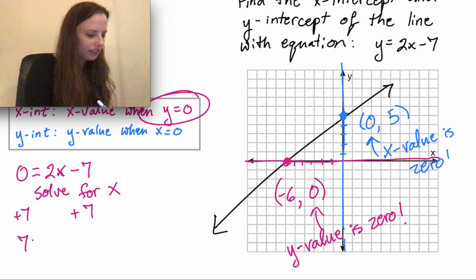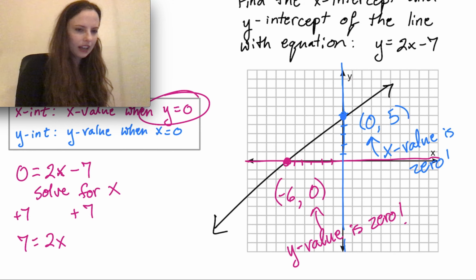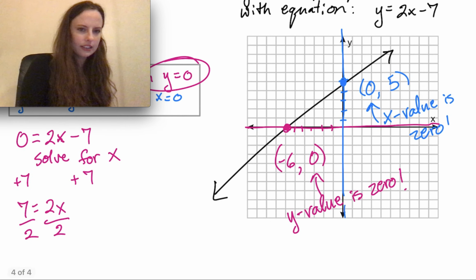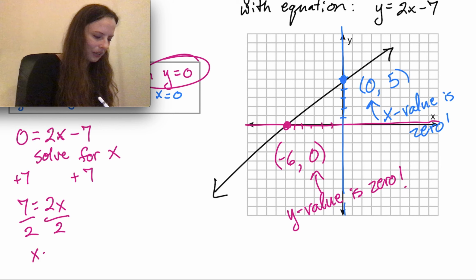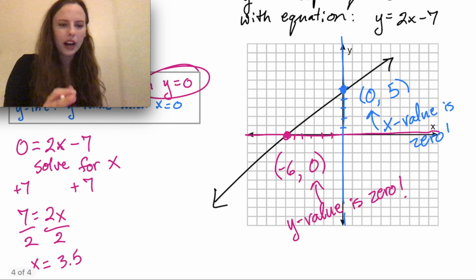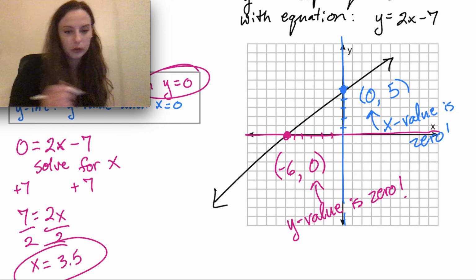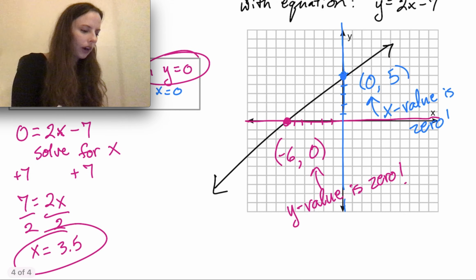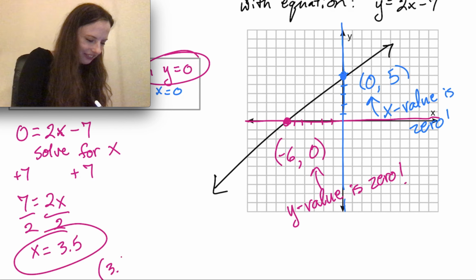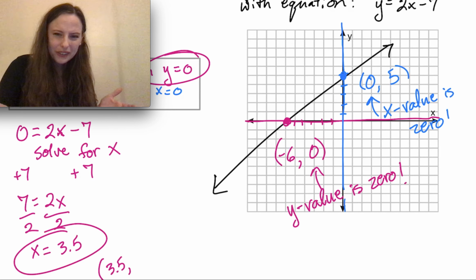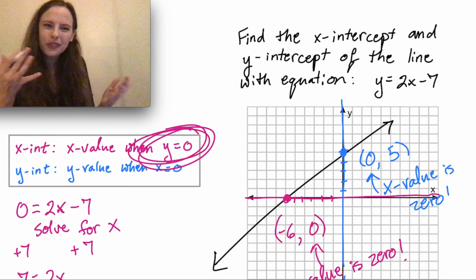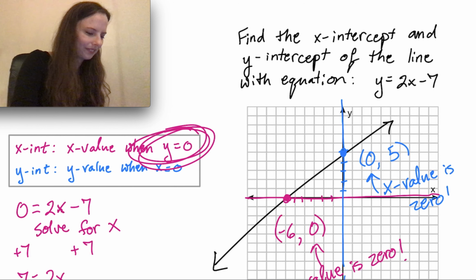So we have 7 equals 2x, and then divide both sides by 2, and that'll give us an answer of x equals 3.5. We could write this answer as x equals 3.5, or as a point where the x value is 3.5, and then what would the y value be? 0, because that's what we plugged in at the beginning.